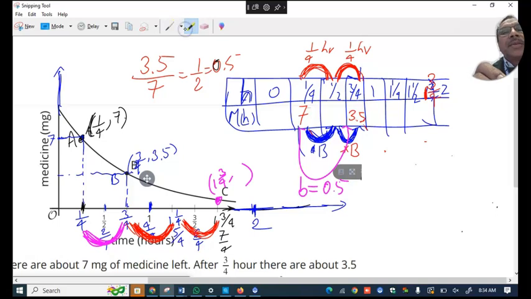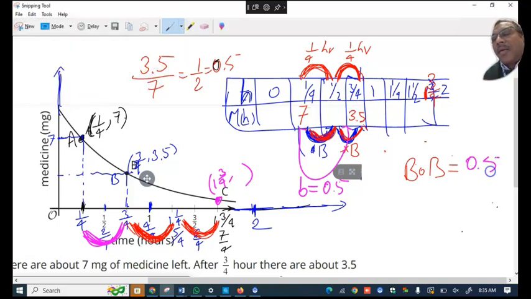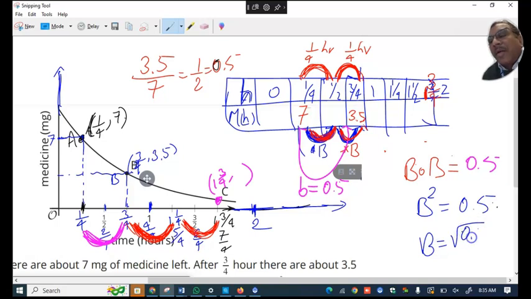Now the two big B's, so B times B, because we don't know what this B is and we don't know what this B is, so you multiply it by itself, and that is the pink color 0.5. So B squared is 0.5, and B equals the square root of 0.5.